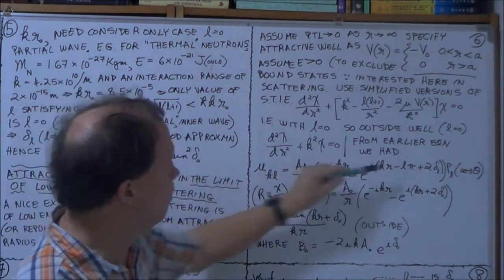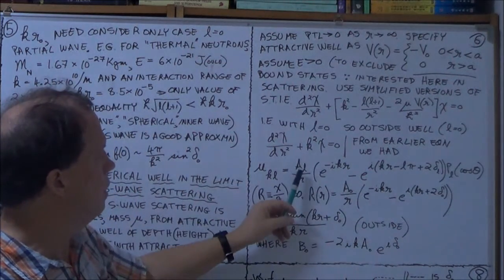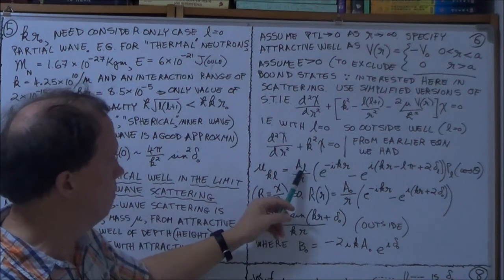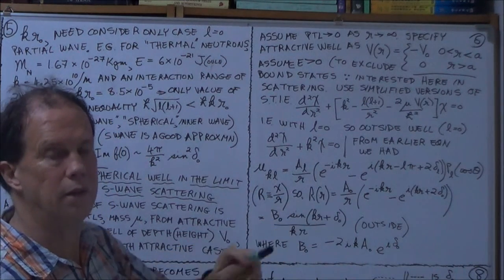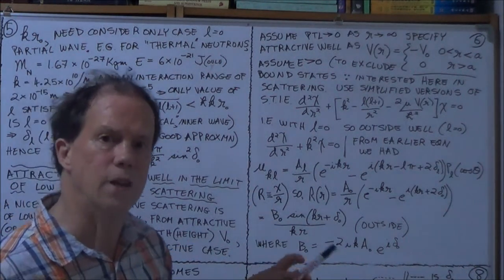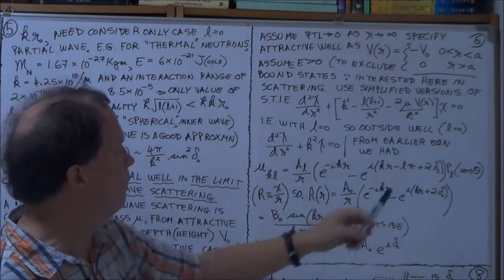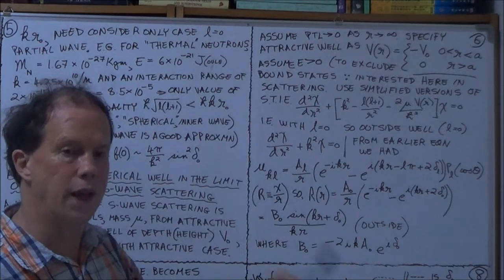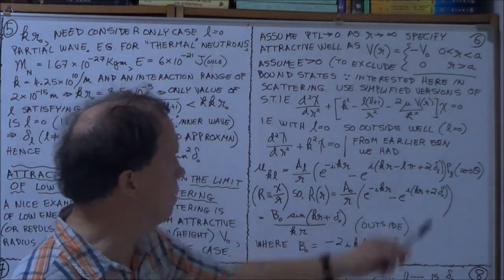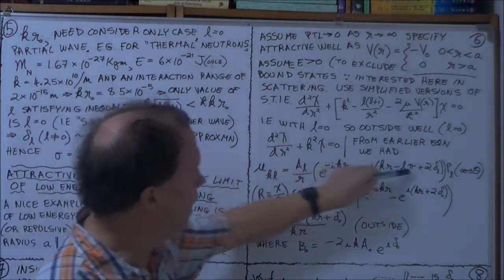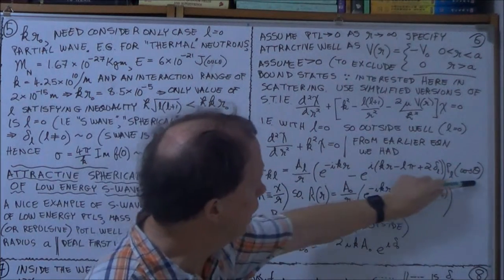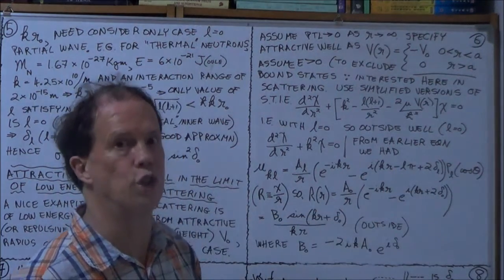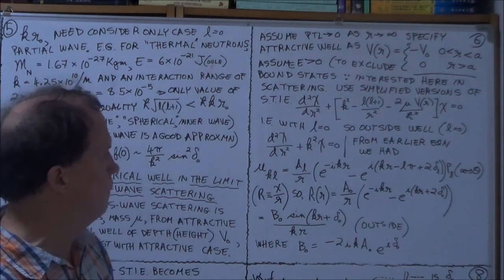So this is just one partial wave, and we can multiply it by some constant, or a weighting if you like, and then add them, because the Schrödinger equation is a linear equation, so we can add solutions. And this is just one solution. This is the r-dependent part, and this is the angular dependent part, and the big P here is a Legendre polynomial.